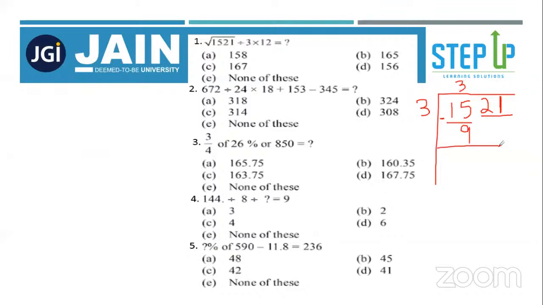Now I am subtracting it. 15 minus 9. What is 15 minus 9? 6. Yes. Now this 21, we are bringing it down. Got it right?